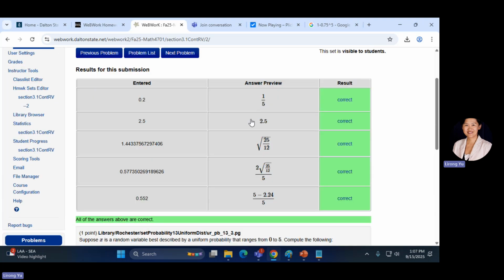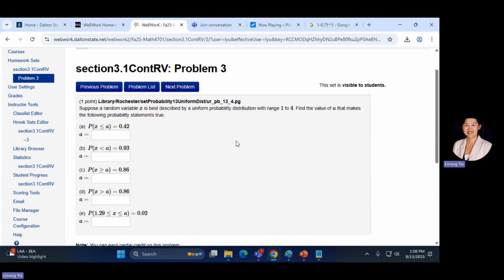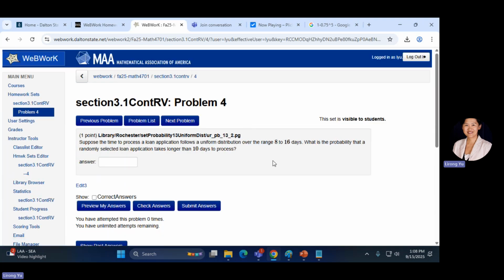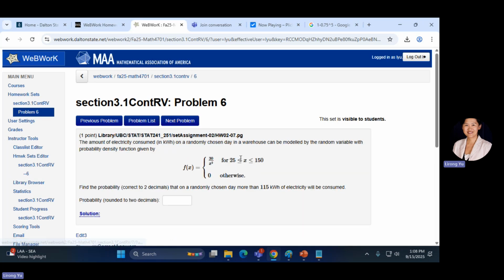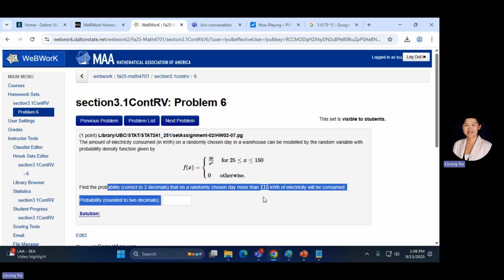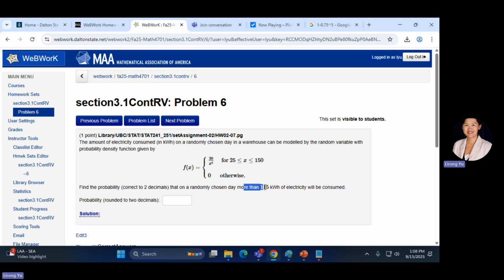Uniform distribution. Do we see anything? There's again a uniform distribution question. I guess these are all uniform distribution questions, except this one. We have a density function. The question is to find the probability of more than 115. So you would integrate the density function from 115 to the upper bound, which is 150. You integrate the density function to find the probability. Are we okay?